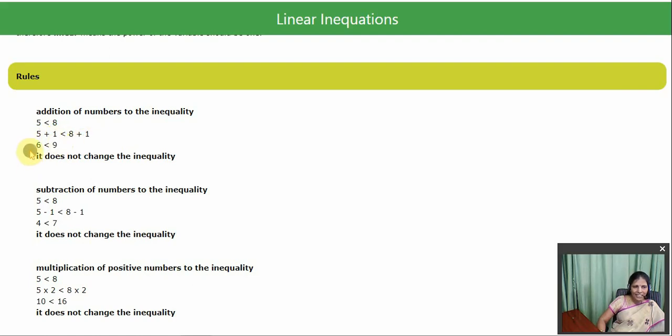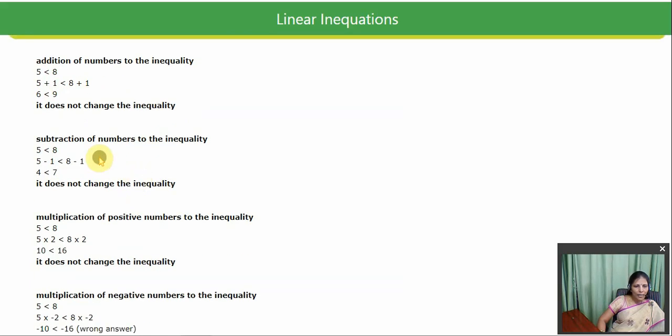If I add, I am getting 6 is less than 9. Again, after adding also, the result is the same. 6 is less than 9, which does not change the inequality. So even if you add the numbers on both the sides, the inequality does not change its symbol.